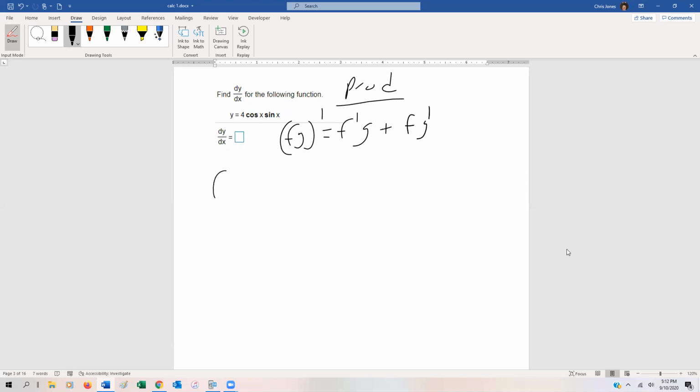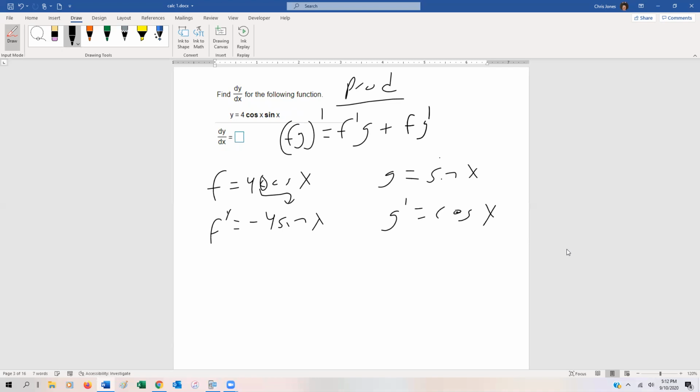And so in this case, f can be equal to 4 cosine of x, and g can be equal to sine x. Now we know the derivative of 4 cos is going to be negative 4 sine of x. Again, it starts with a C, so it's negative. And then the derivative of sine, which we're going to call g prime, is just cos x.